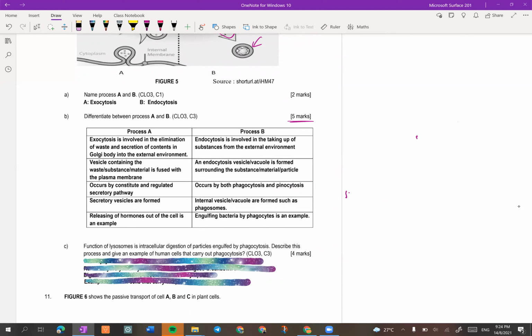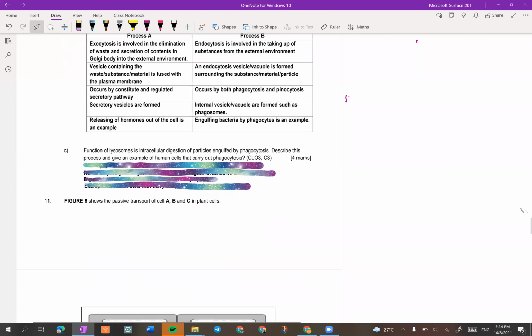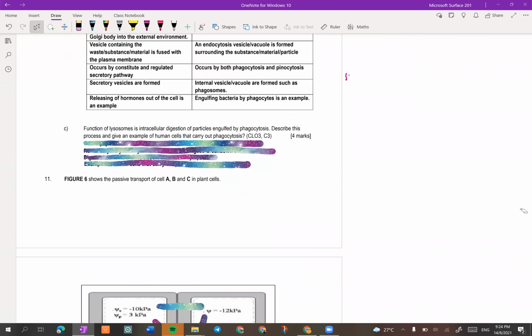Quite simple. And then we look at the function of lysosome in intracellular digestion of particles engulfed by phagocytosis.